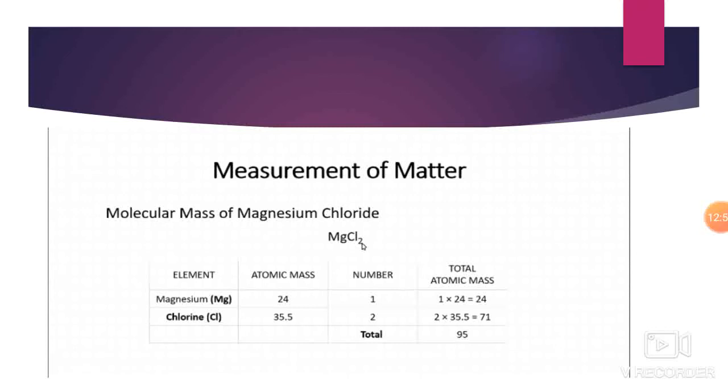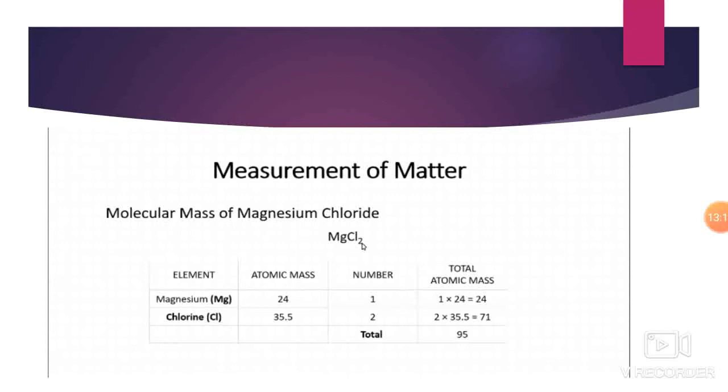I've given one more example for you, that is the molecular mass of magnesium chloride. Element Mg, magnesium atomic mass is 24, and the formula is MgCl2. After Mg there is 1, and after Cl there is 2, means there is 1 atom of Mg and 2 atoms of Cl.